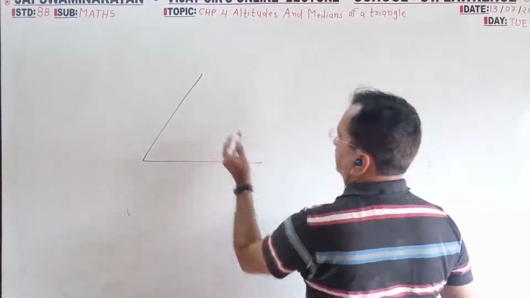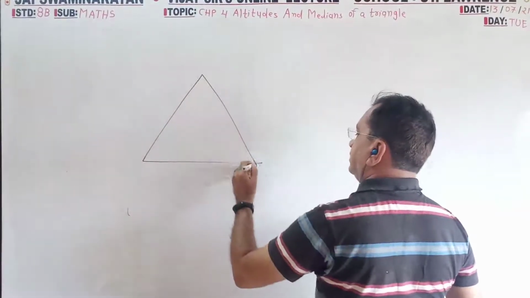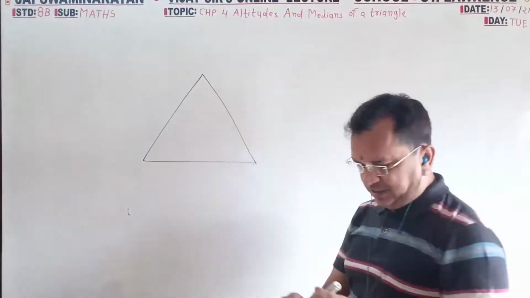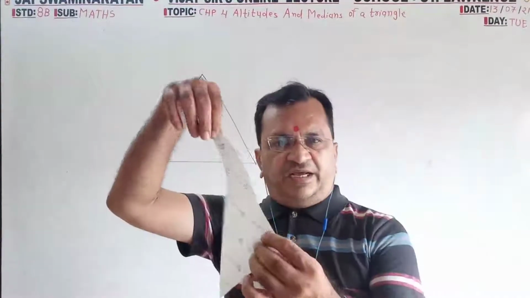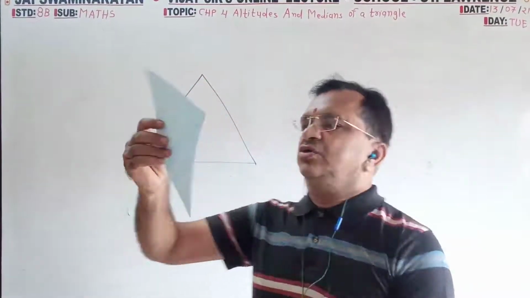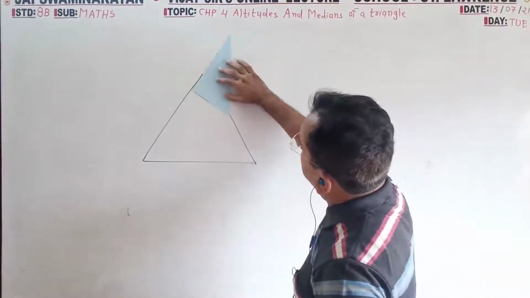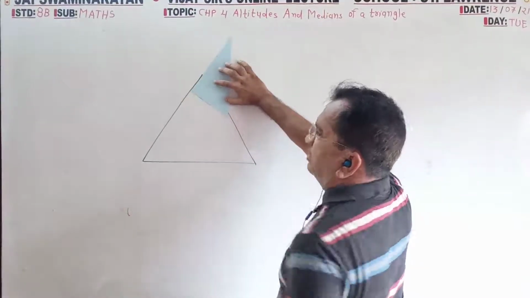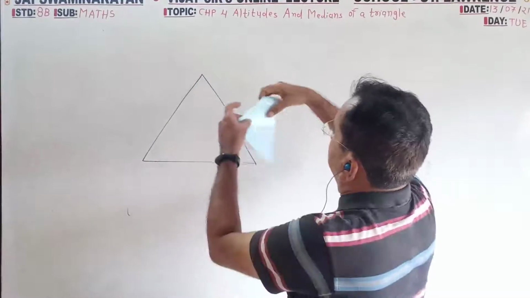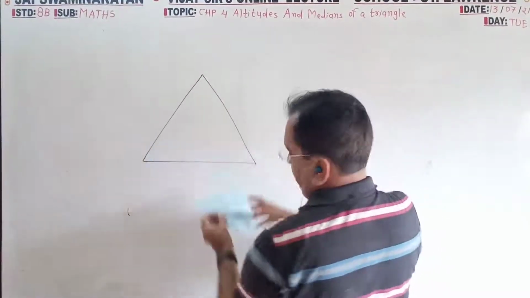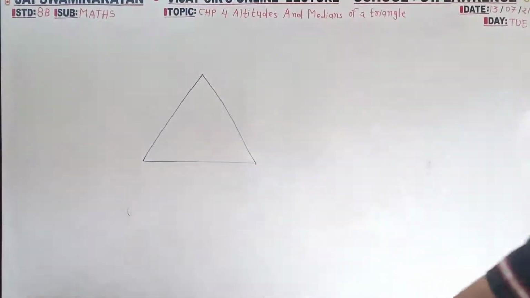One triangle is there, and in your compass box there is a triangle. So this triangle you incline on a single line.